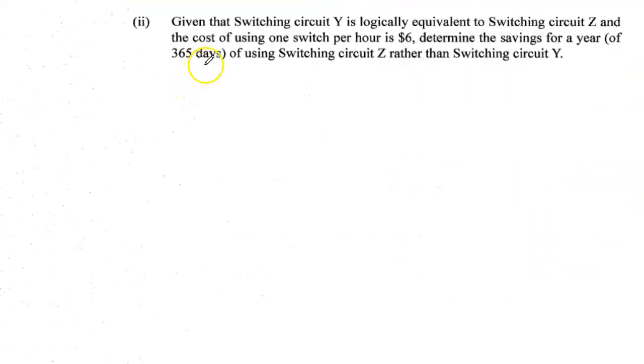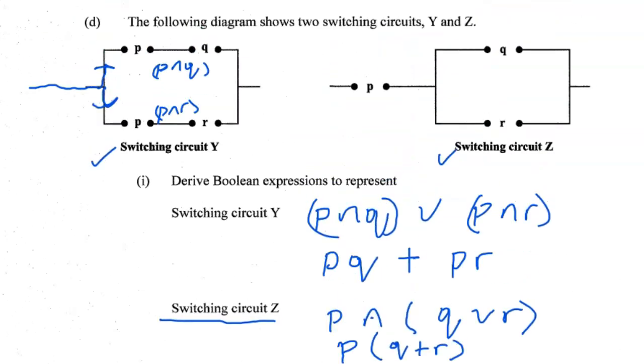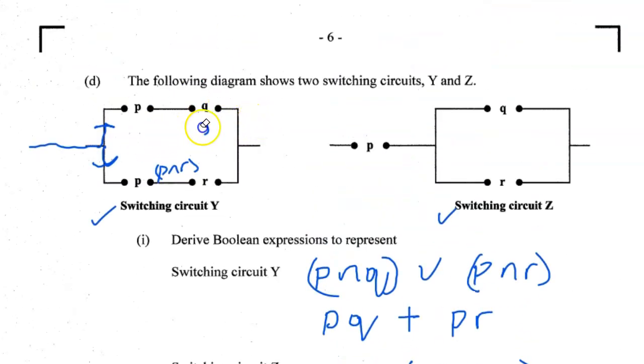Part 2. Given that the switching circuit Y is logically equivalent to the switching circuit Z, and the cost of using one switch per hour is $6, determine the savings for a year, and a year is 365 days, of using switching circuit Z rather than using switching circuit Y. If you compare them, switching circuit Y has 1, 2, 3, 4 switches, and switching circuit Z has 1, 2, 3 switches.